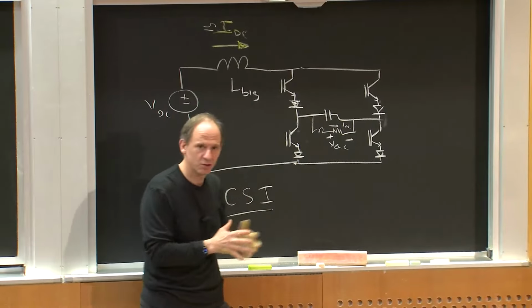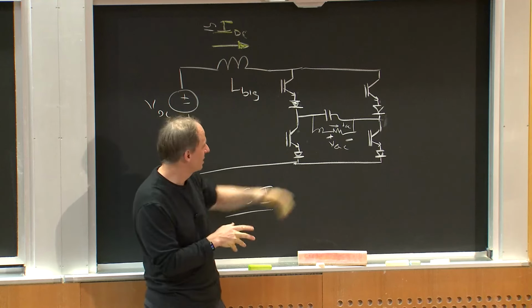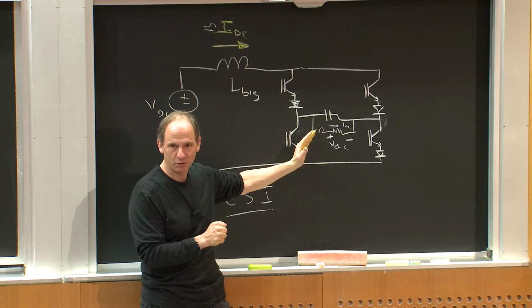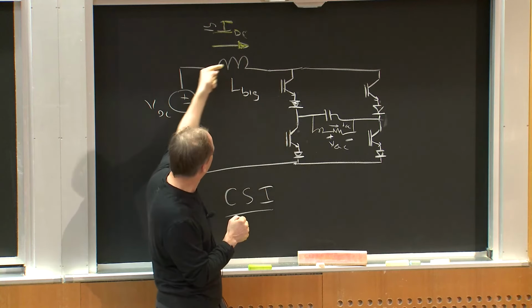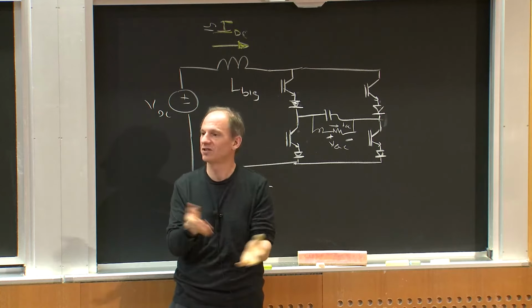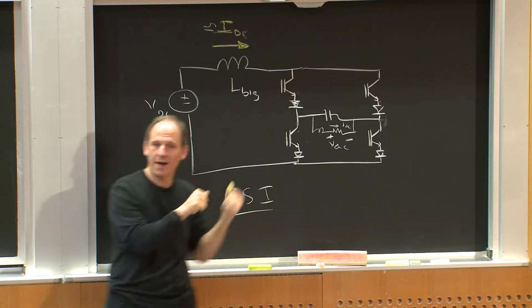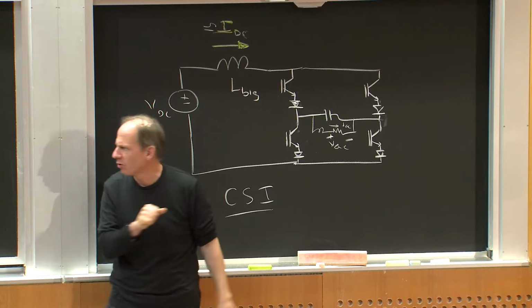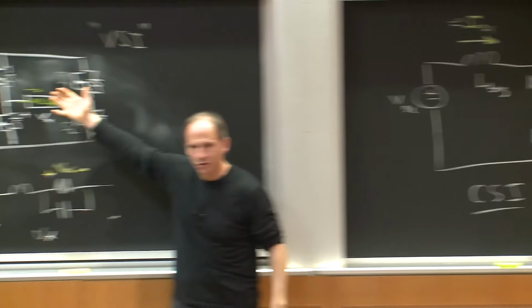People do, however, at high power sometimes like current source inverters because if these switches fail, you don't immediately short everything out like from a DC voltage source and get a huge pulse of current. Things take time to ramp up through this current, which lets you blow fuses or shut things down or whatever. So at high power, sometimes people like versions of current source inverters, but more frequently people use voltage source inverters.